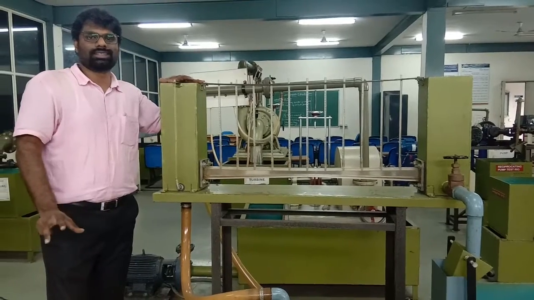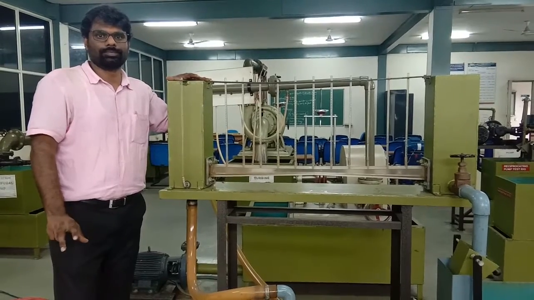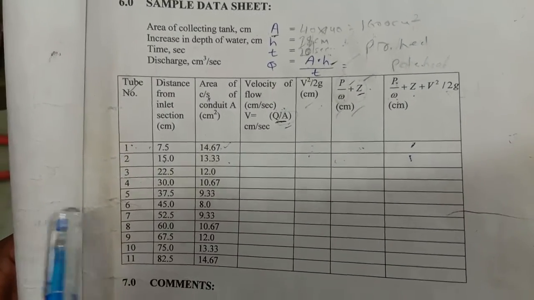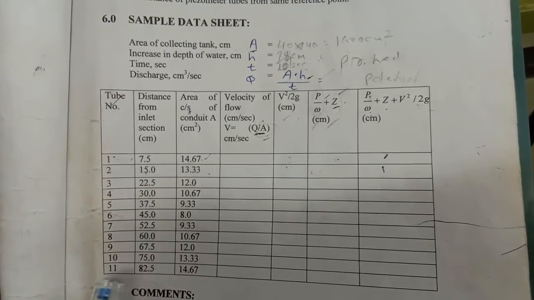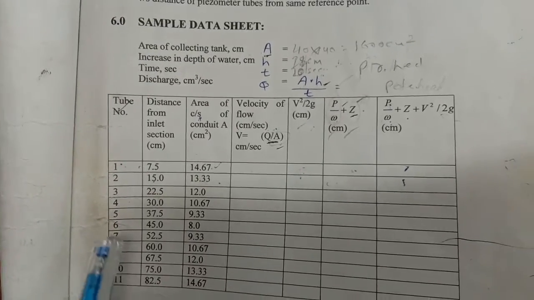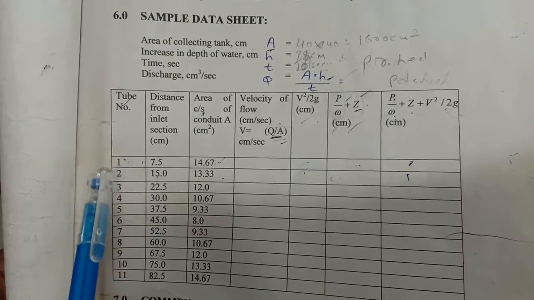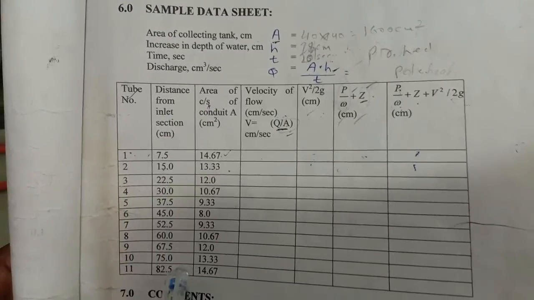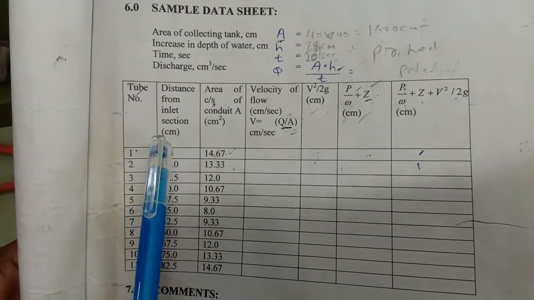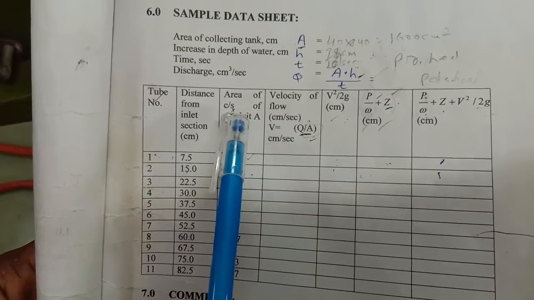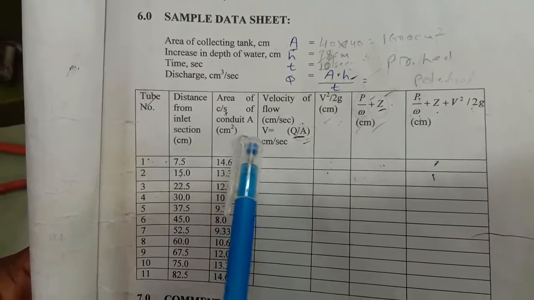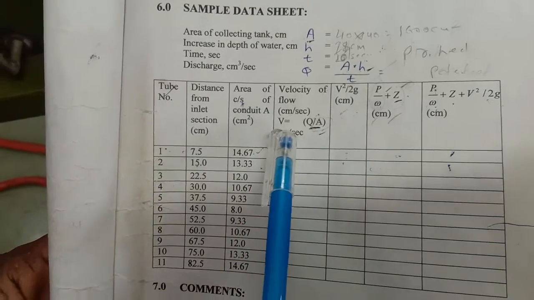Now we will discuss the calculation table. This is the calculation chart. The first column is the distance from the inlet section. It also mentions the area of cross section of the conduit and the velocity of the flow.